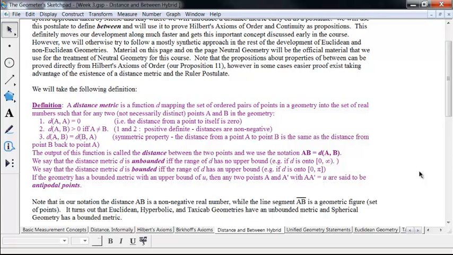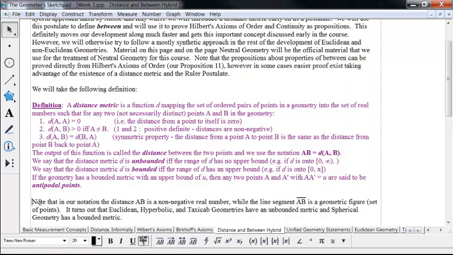So think of this as the North Pole and the South Pole on the Earth, for example, if we're doing spherical geometry. Now you do not have antipodal points in an unbounded geometry, or an unbounded metric.